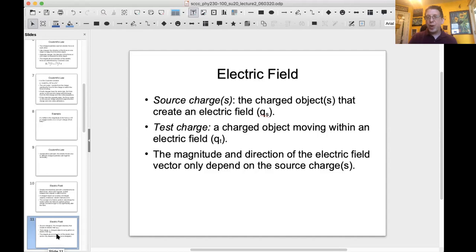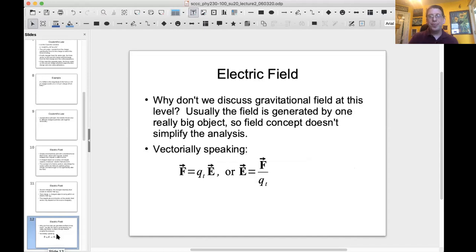The magnitude and direction of the electric field vector only depend on the source charge or the source charges. So that's an important formalism. Again, we usually don't discuss gravity this way, because it's universally attractive, and you're not trying to make things less confusing by talking about the electric field.